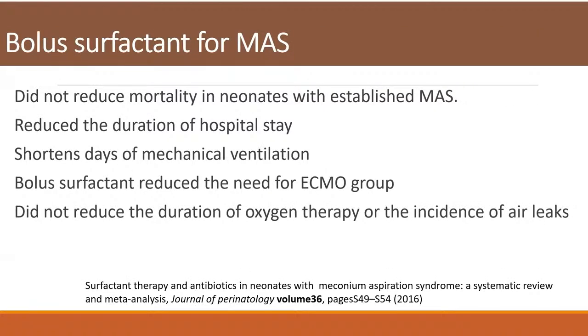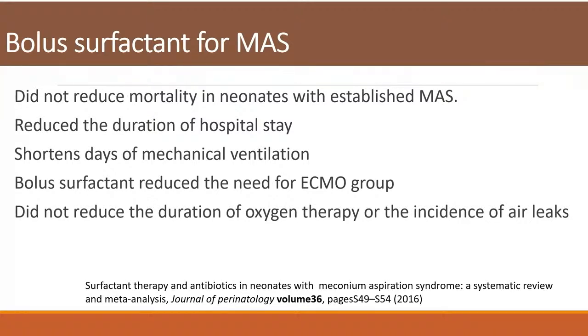So with this rationale, there were studies that looked at surfactant replacement therapy in newborns with established MAS requiring ventilation, particularly with FiO2 requirement beyond 50%, with radiological evidence of significant atelectasis, or what we call white lungs, in meconium aspiration syndrome, with the hope that it may improve hypoxemic respiratory failure.